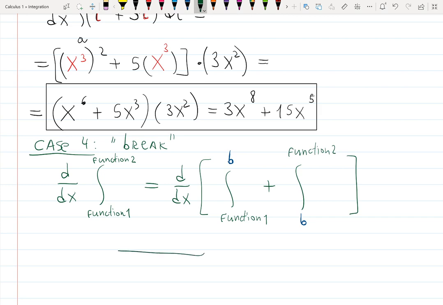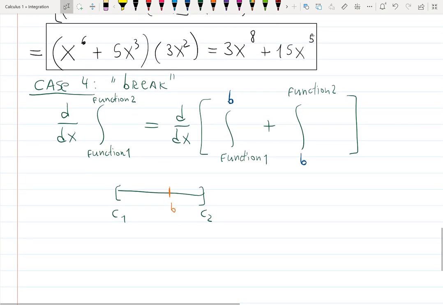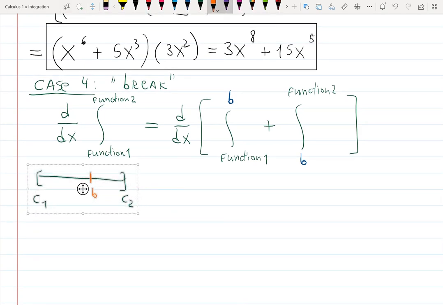And that's a property of the definite integrals that you can break at points. If you're working from, in this case it's not a to b, if you're working from, I don't know, c1 to c2, and it's not convenient for you at any point, I can choose some kind of b and then integrate from c1 to b and then from b to c2. Then the second integral will be case 1.